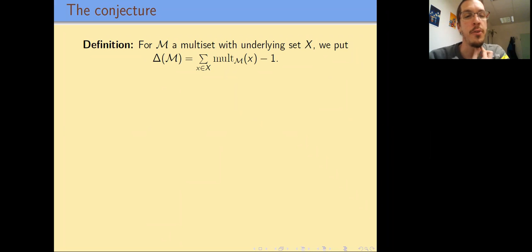If you have a multiset M, you can record the deviation of that multiset via a parameter delta, which is basically, for each x in the underlying set, you consider the multiplicity of x in M, take this multiplicity minus 1, and sum that over all x. That gives you the quantity delta of M. So why is this quantity important?